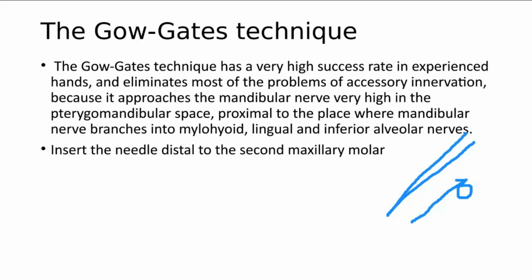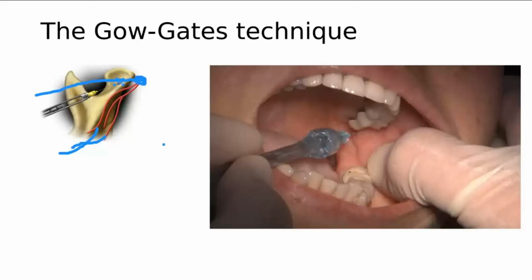Look how high you're going. This is your third molar. You go behind, in this area behind the third molar right here. Okay, so this is where you enter, this is your point of entrance. But where do you get the syringe itself? You get it right here. Okay, so this is your point, and you're going up.